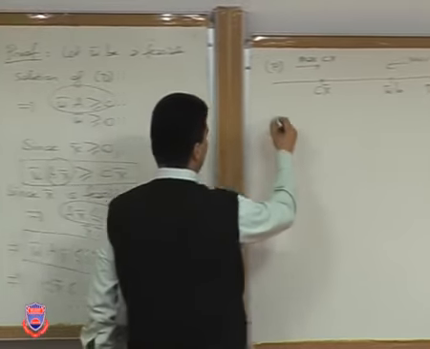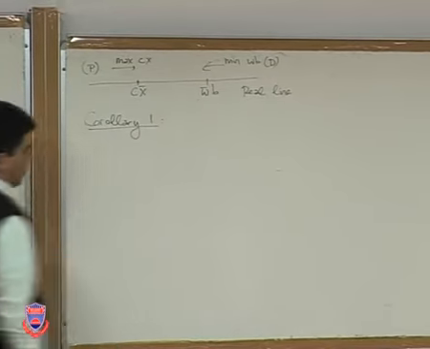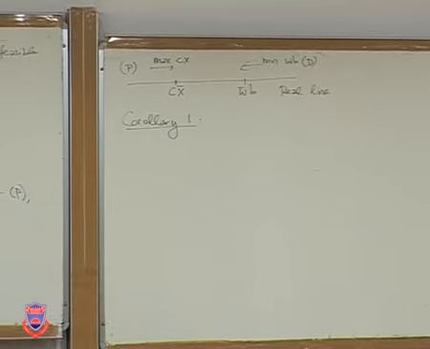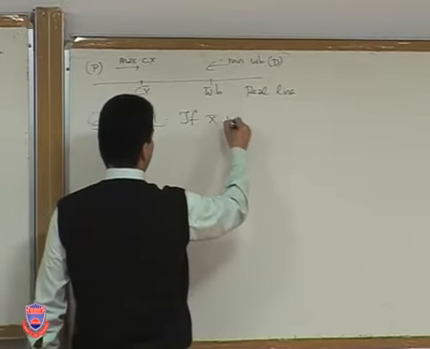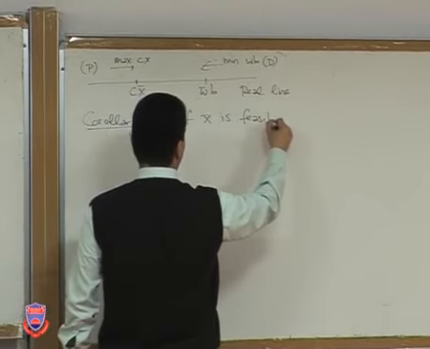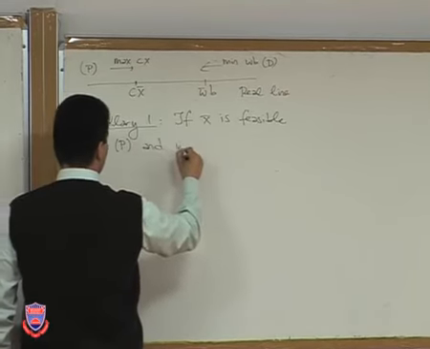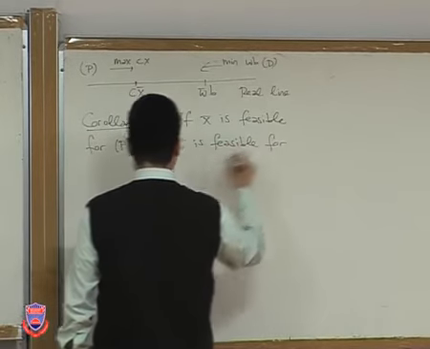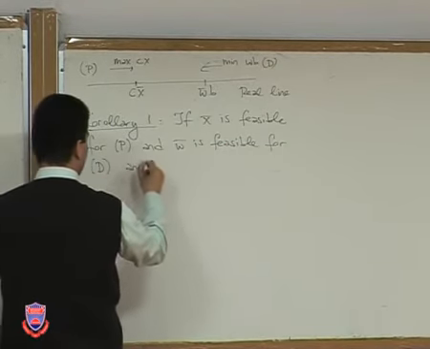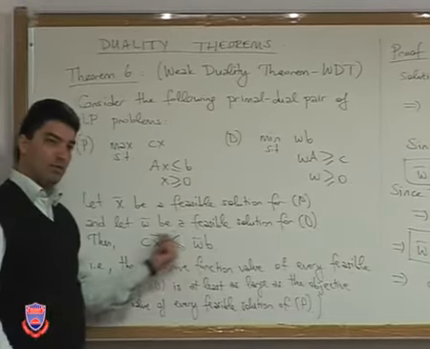Now here comes the following corollary. So if x bar is feasible for the primal problem, and w bar is feasible for the dual problem, and in addition, so we have from theorem 6 that c times x bar is always less than or equal to w bar times b, right?